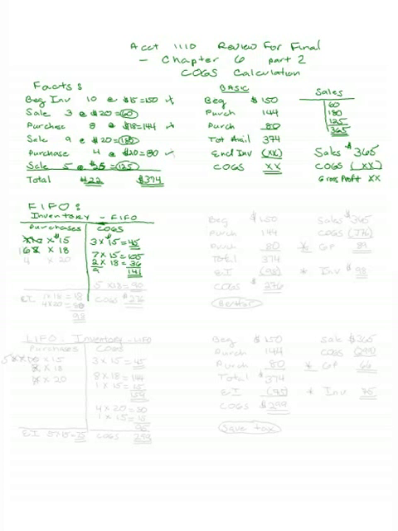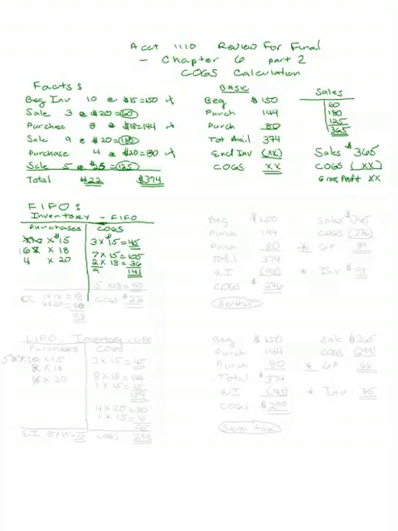Where are we? Let's see. We just finished the sale of 9, so now we have our next purchase of 4. So we purchase 4 more at $20 each. So in inventory I now have 6 at 18 and 4 at 20. And my last sale happens. I sell 5.